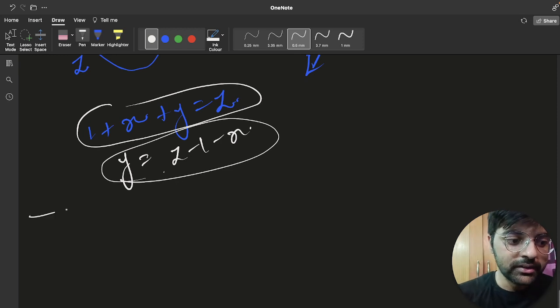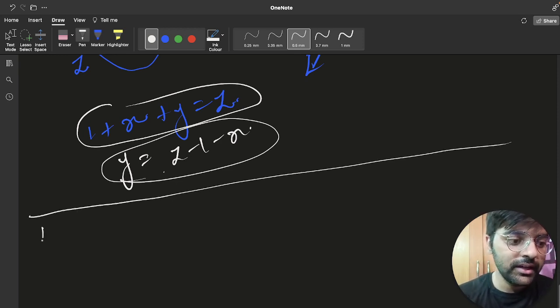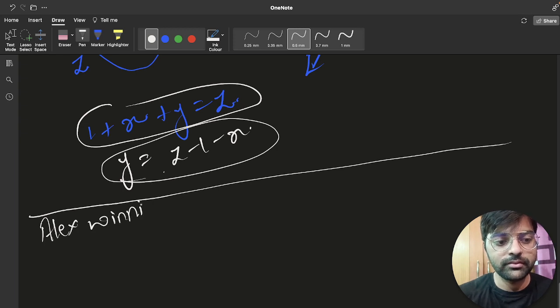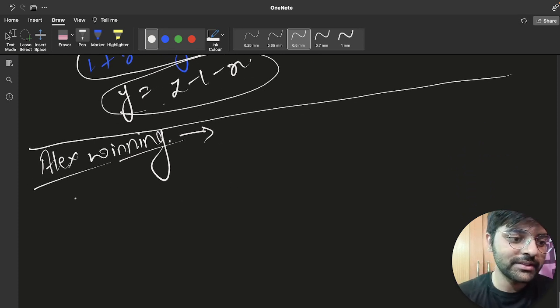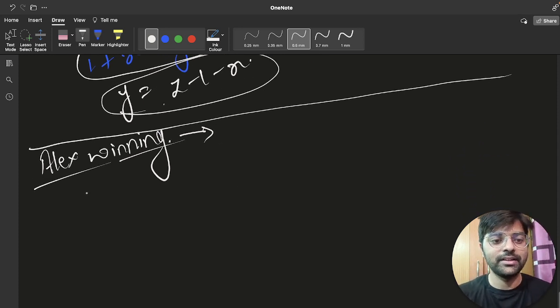Now consider Alex winning. Here I am not going to use recursion, but I will give you the logic. It is a classical example, as I have stated, and a very good problem.